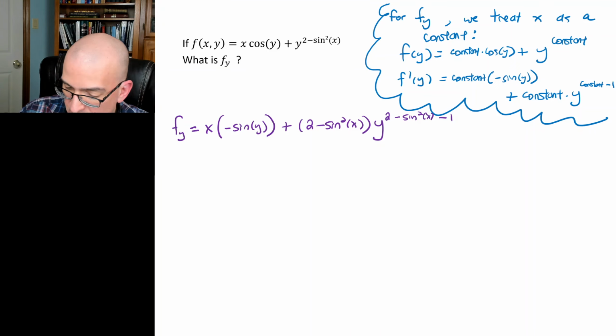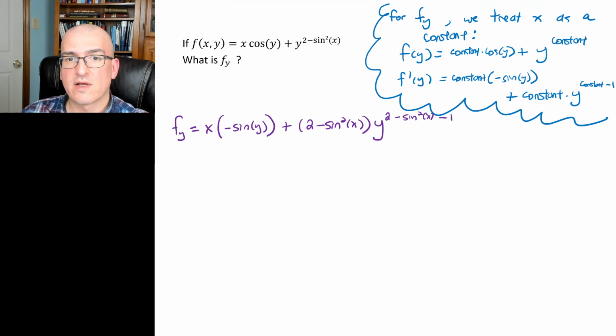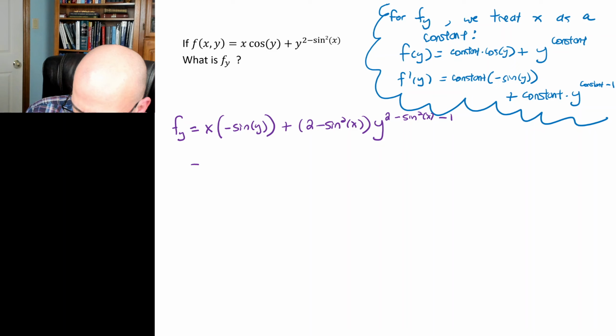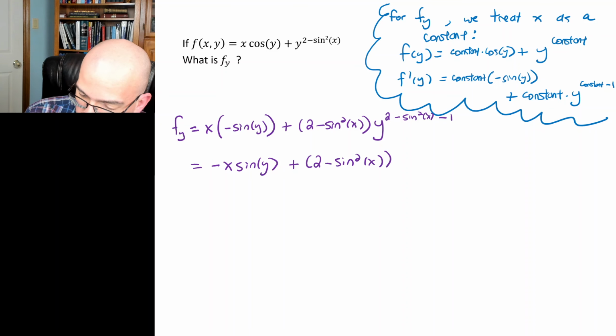Subtract 1 from that power. We can simplify that a little bit. We have a 2 and a negative 1. We can collect like terms. We'd also put the negative up front of the first term, so negative x sine of y plus 2 minus sine squared of x times y to the power of 1 minus sine squared of x. And that would be your answer.